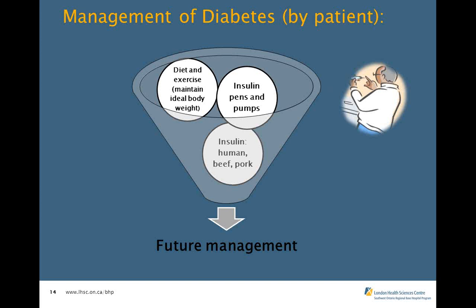Kidney failure, which can be, again, a very significant and costly complication, and infections. And the infections can often be a problem to manage, especially when they're related to peripheral vascular disease.